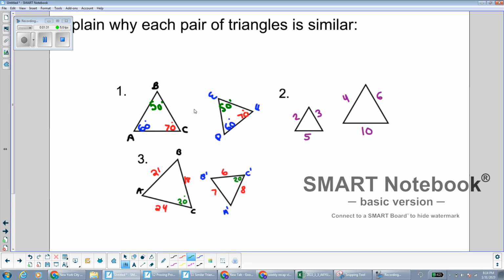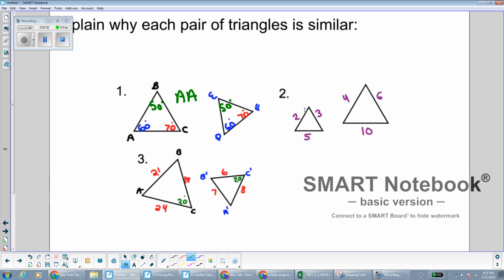Since 2 pairs of congruent corresponding angles implies that the third pair also has to be congruent, it's enough to say that these 2 triangles are similar by AA. We don't need AAA. It's the same thing as AA. AA means we have 2 pairs of congruent corresponding angles like we had here. And that's one of our ways of proving triangles similar.